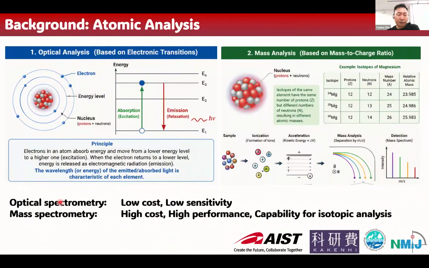Optical spectrometry has the merit of low cost, but also the demerit of low sensitivity. Mass spectrometry costs more, but provides high performance and capability for isotopic analysis.